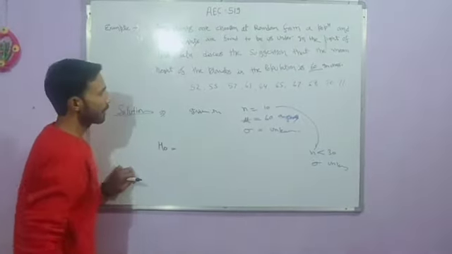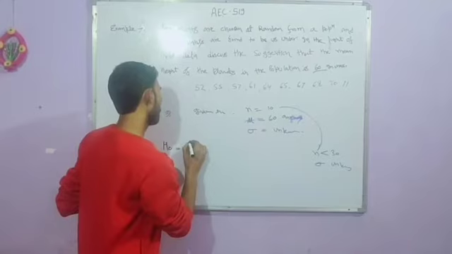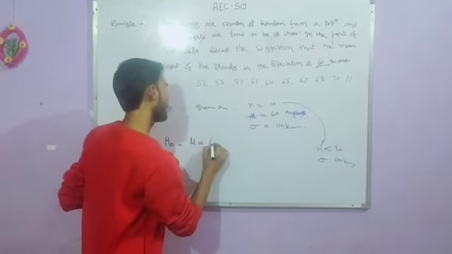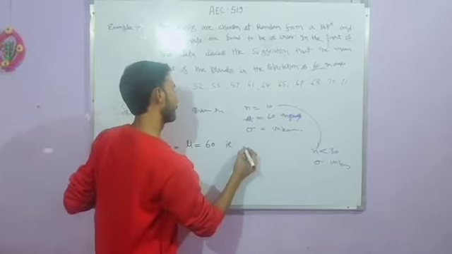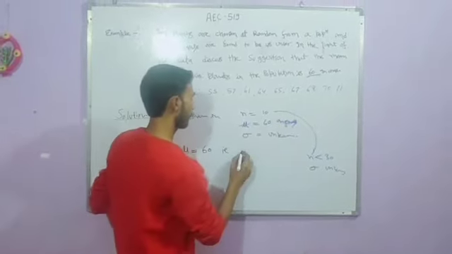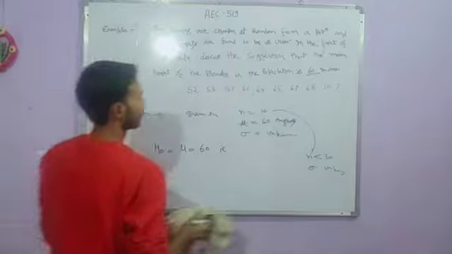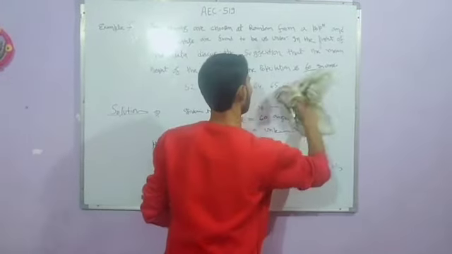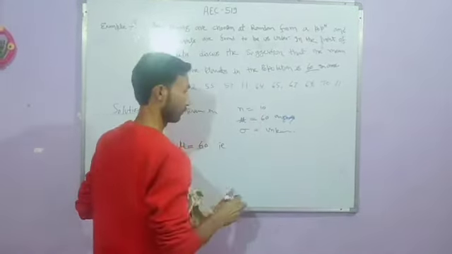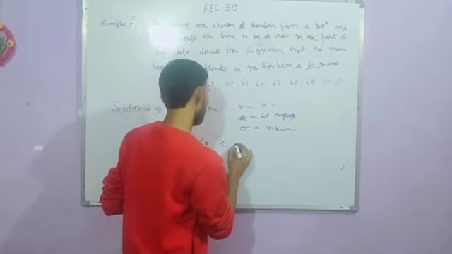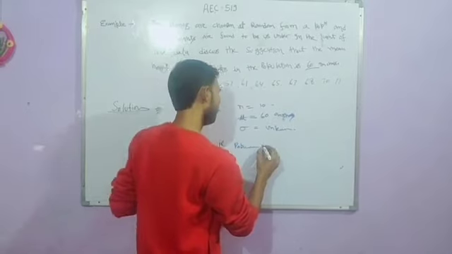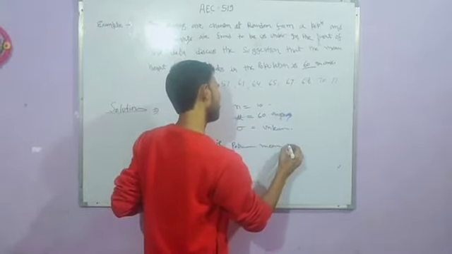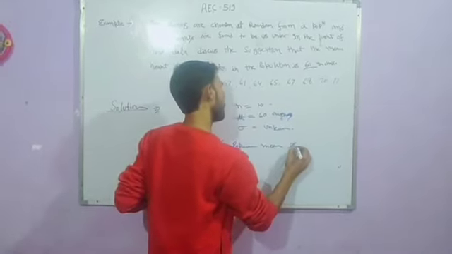Here the null hypothesis is written as mu equals 60, that is, the population mean is 60.